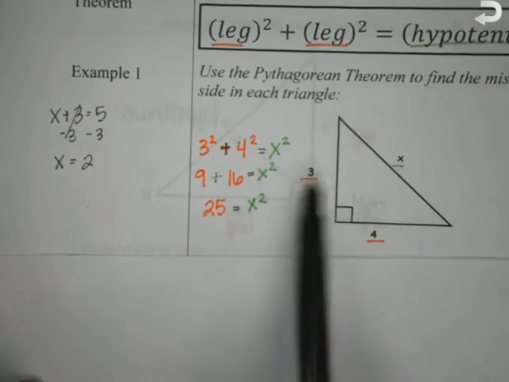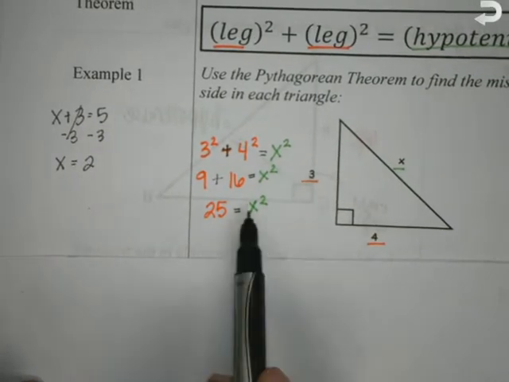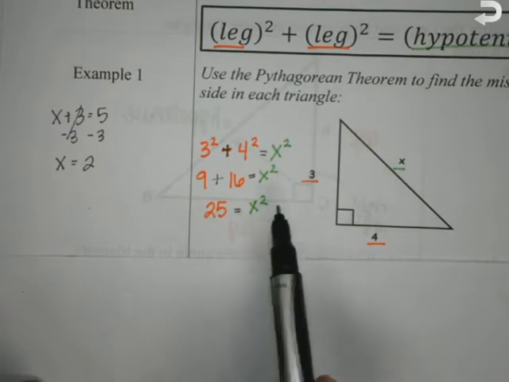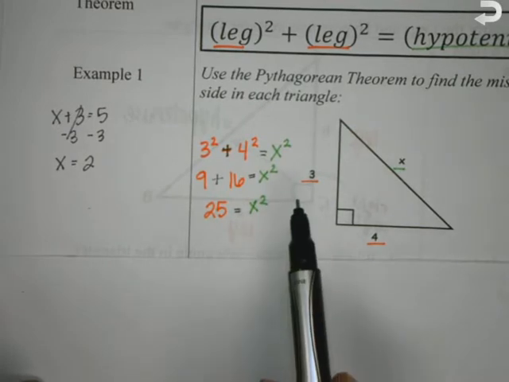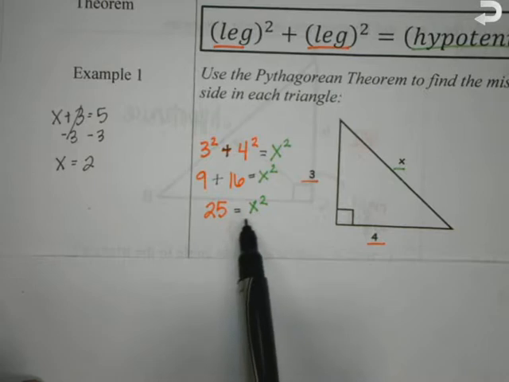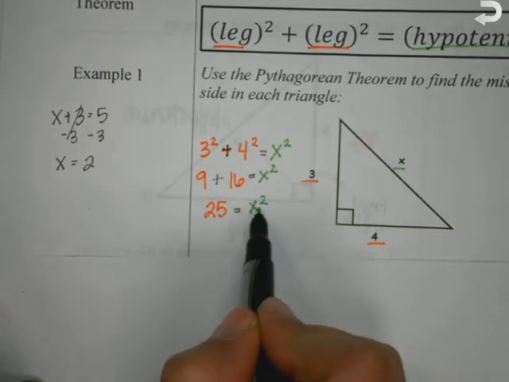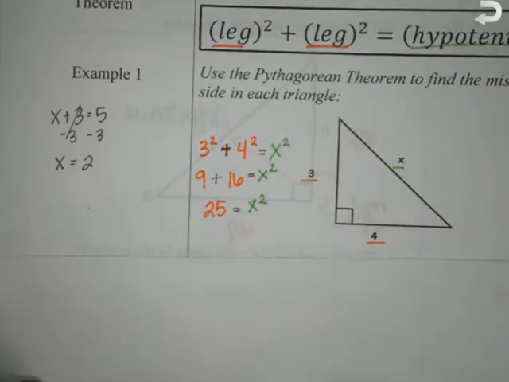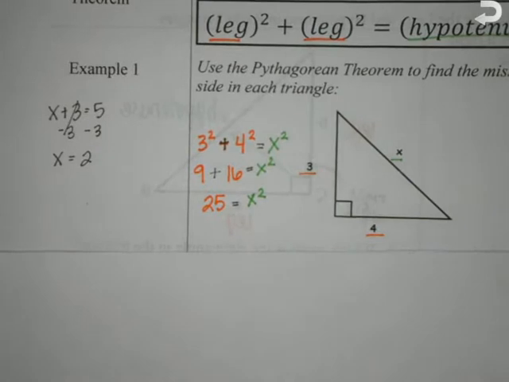I have X squared. Now I haven't solved for X yet, right? I don't have X all by itself. It has the squared attached to it. Can anybody think of what is the opposite of squaring something? Well, is squaring the same as multiplying?